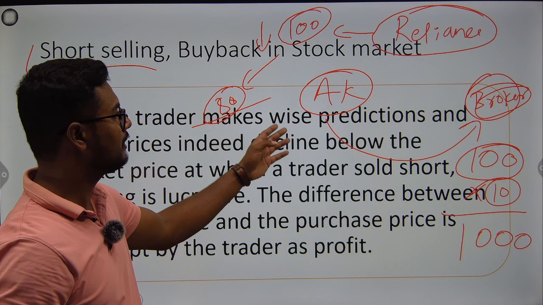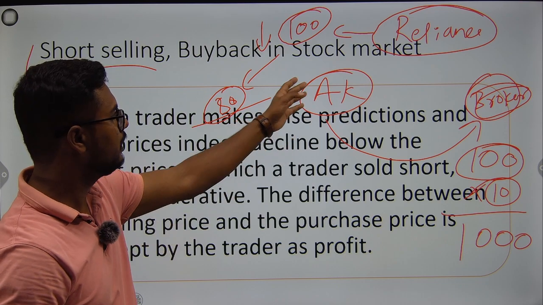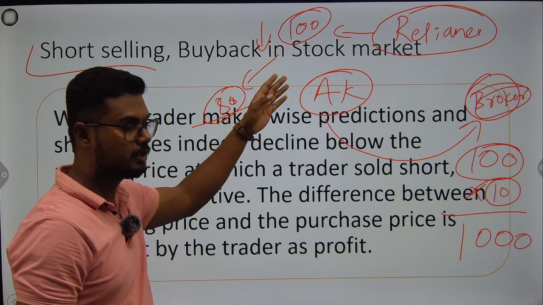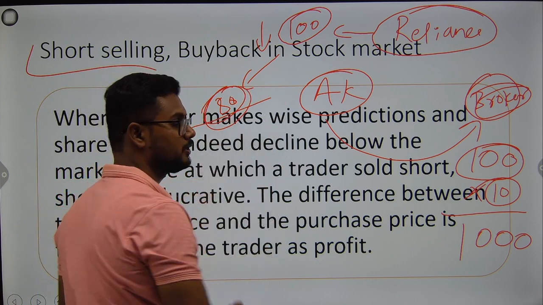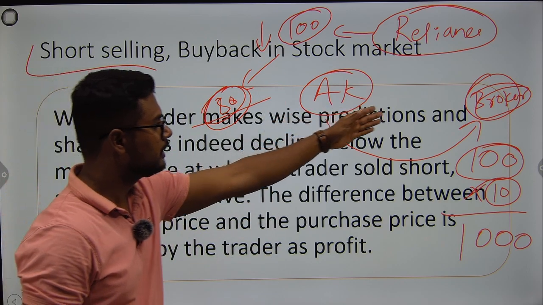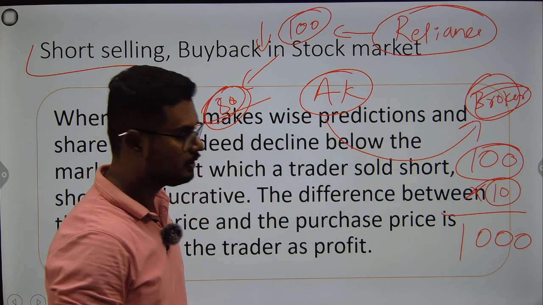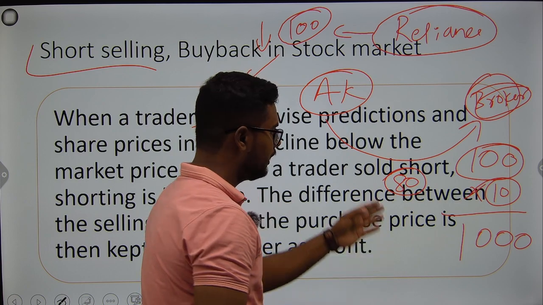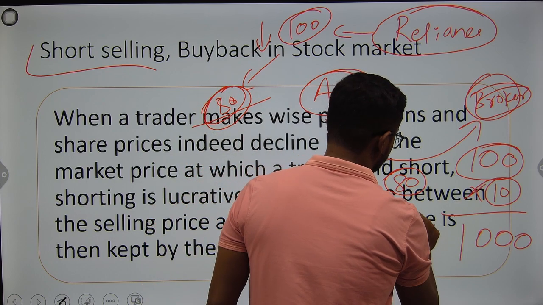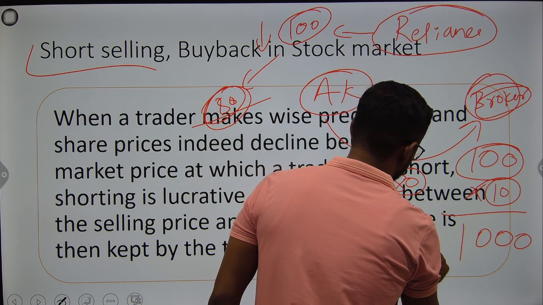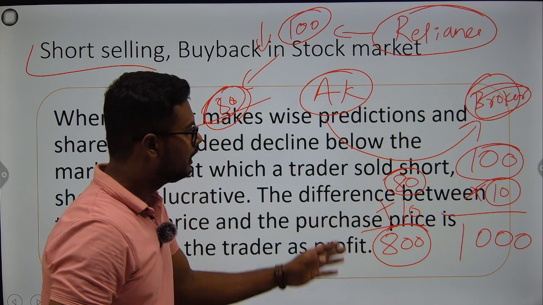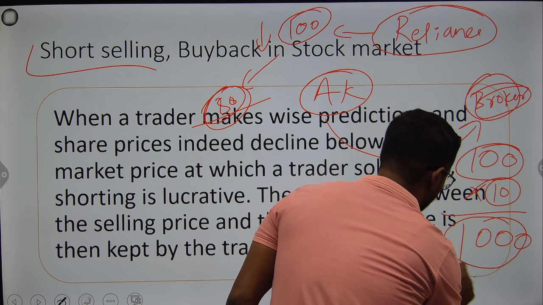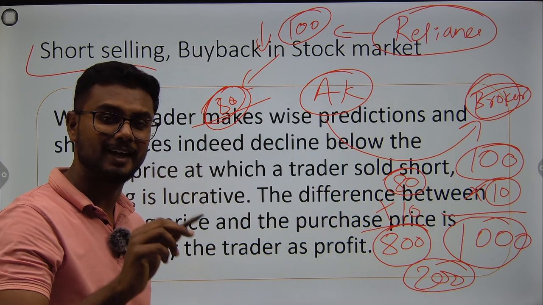And just like Akshay Kumar guessed, in 1 week, the share value of Reliance company fell to 80 rupees per share. Then Akshay Kumar advises, you now buy 10 shares. The present value per share is 80 rupees, so he'll buy 10 shares, which equals 800 rupees. So what happens? The broker made 200 rupees of profit without any kind of extra investment.